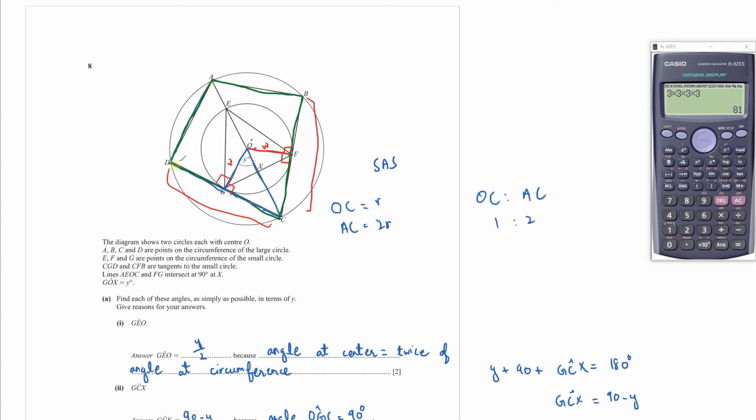So in the triangles ADC and ABC, these two lengths are equal, DC and BC. Length AC is common, and the angle between them is also the same. So again, using the SAS property, we can say that ADC is congruent to ABC. So the area of this full quadrilateral ABCD will be simply twice the area of this triangle ADC.